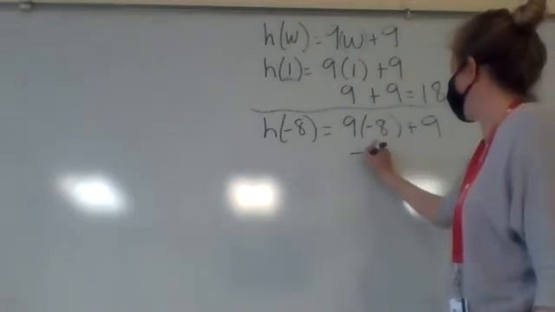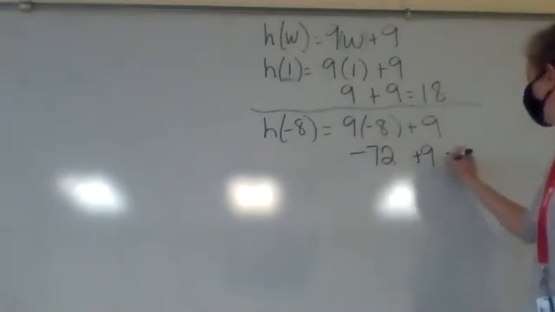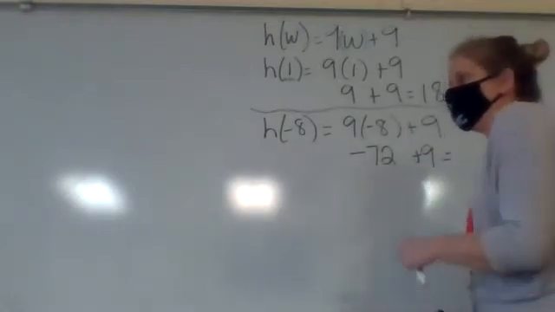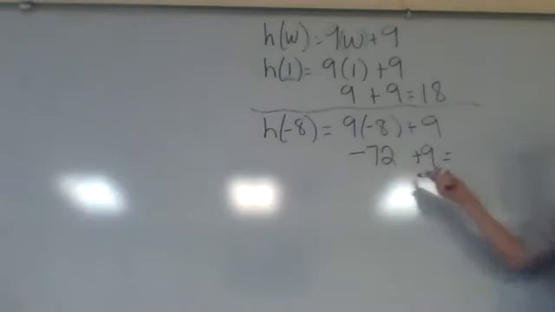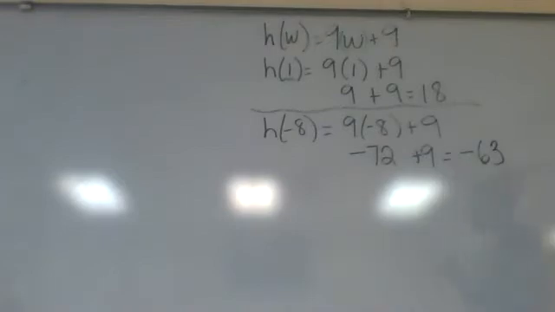Nine times -8 gives me -72. Bring down the plus 9. Again, remember, you don't want to be able to do the routine and know the steps and then mess up right here. If this is not your thing, that's what your calculator's for. Okay? So -72 plus 9 gives me -63.